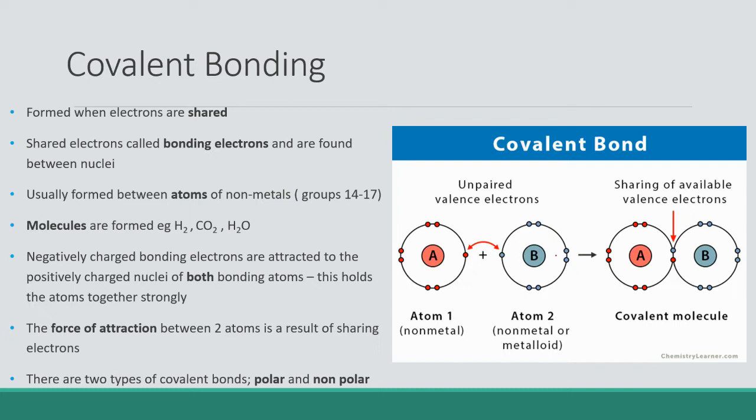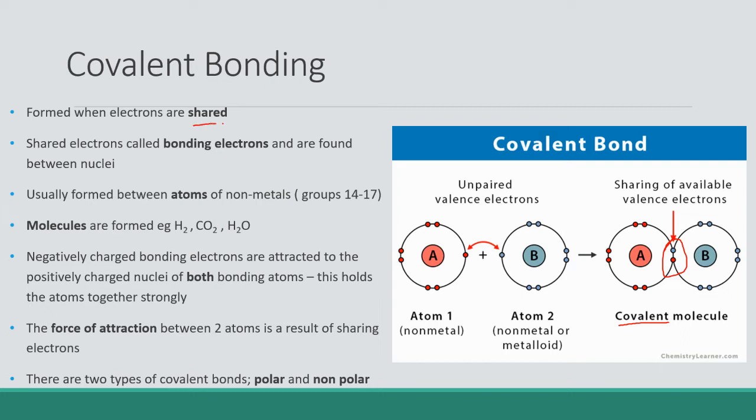So instead of giving them up or accepting them, they share them. They share the valence electrons, so we say it's covalent. They both have access to a full shell of electrons, so they get stability from that.